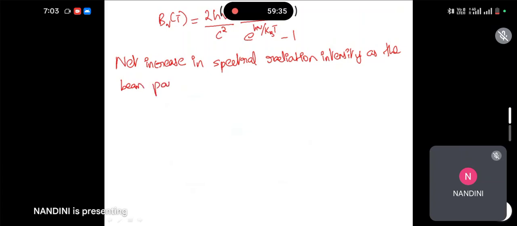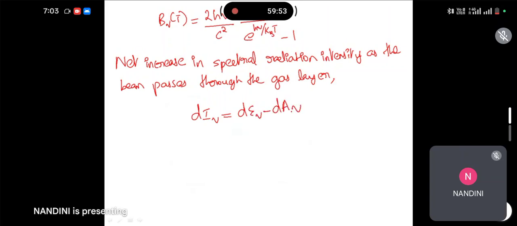The net increase in spectral radiation intensity as the beam passes through the gas layer is given by dI nu equal to emission minus absorption. This is the net increase in the spectral radiation intensity as the beam passes through.